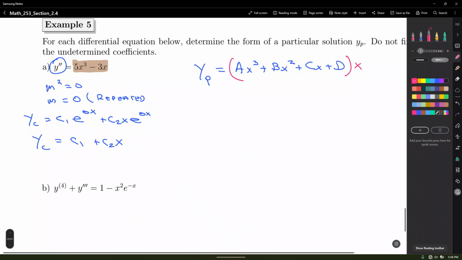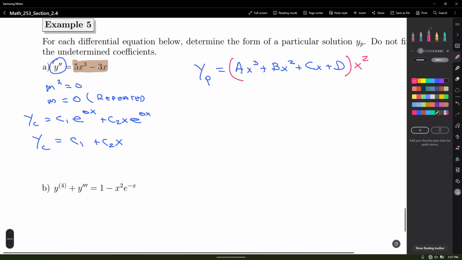However, if we multiply this by x, what are we going to have? dx. But isn't that dx a duplicate of c2x? So we need to multiply by x squared. Now, when we distribute, the lowest degree term is going to be a dx squared right here, which is no longer a duplicate in the homogeneous solution, right?